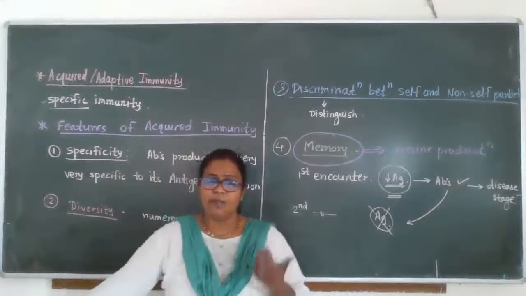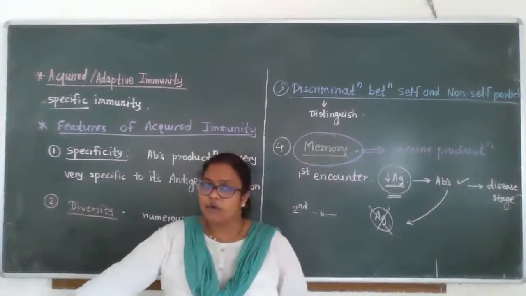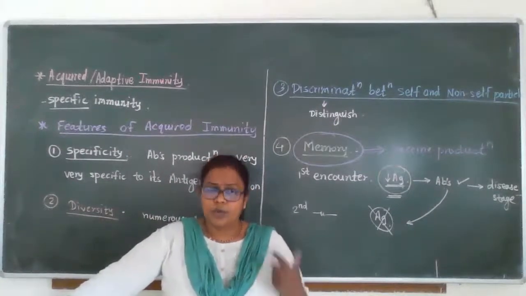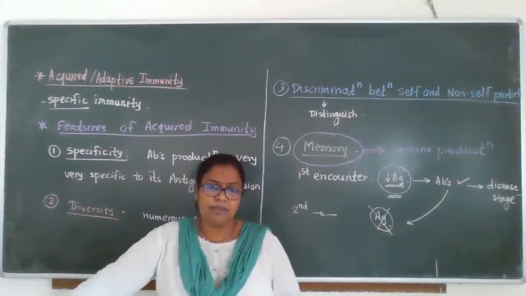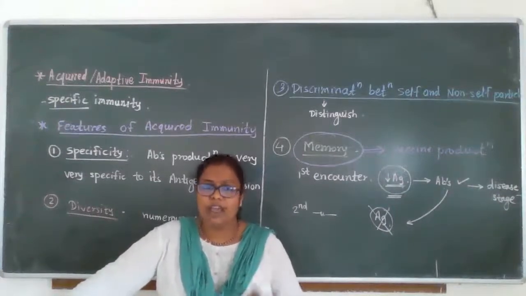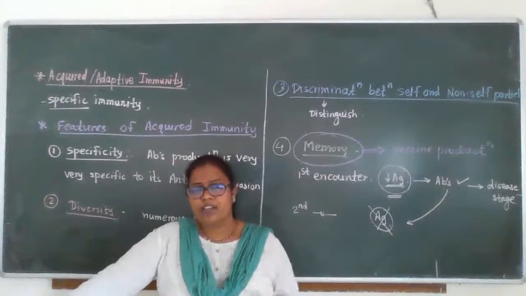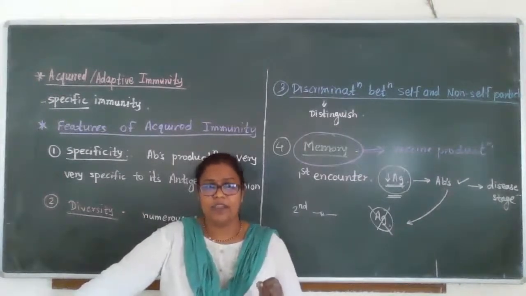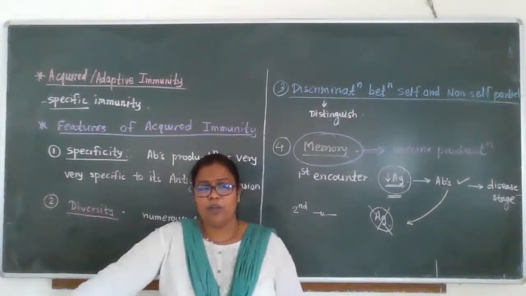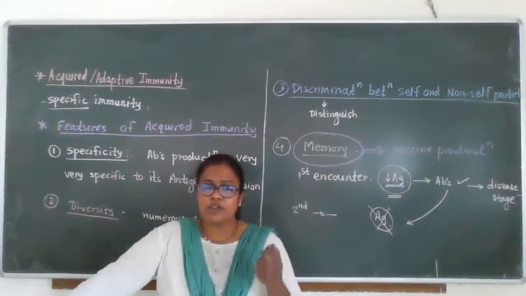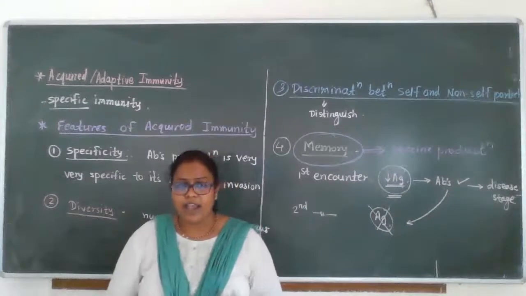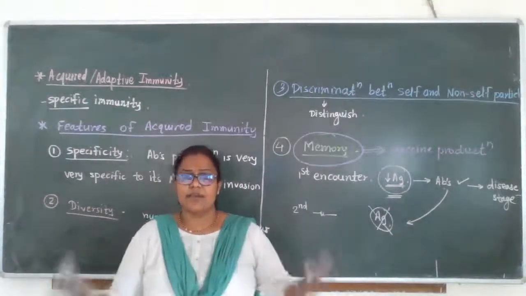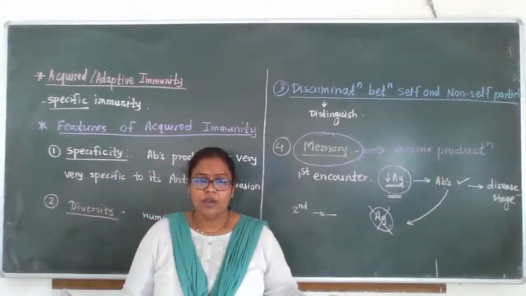A weakened or dead form of antigen is introduced in our body, and we are stimulating our immune system to produce antibodies. So whatever immunization plan is run up to the age of 6 by our government, up to the age of 6, our body has produced a number of antibodies against several diseases, right?